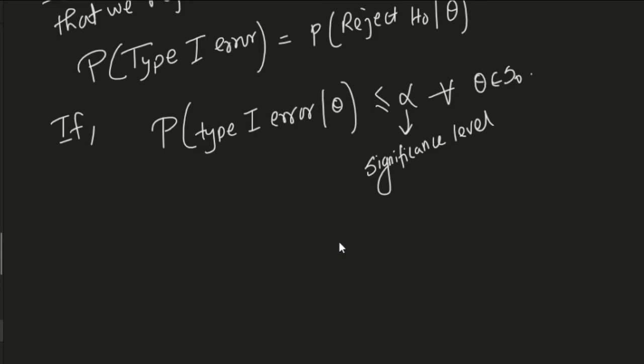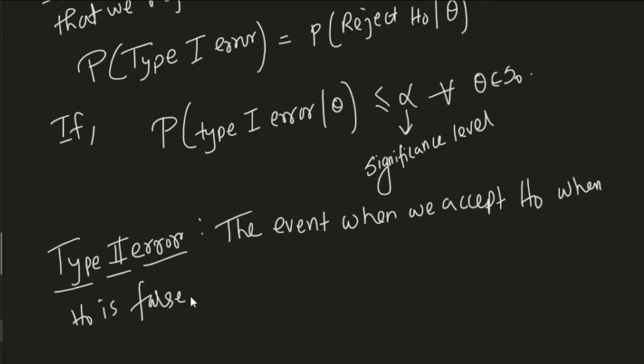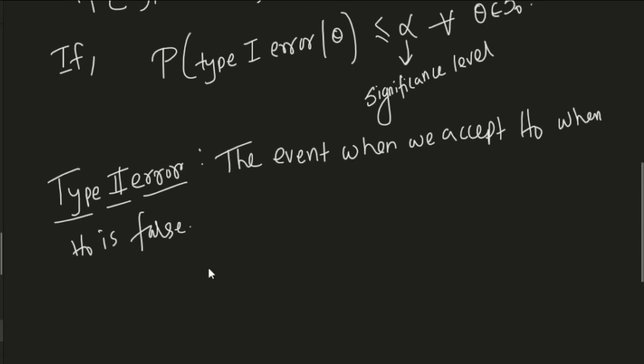Similarly, there is a type 2 error. This is called type 2 error, and it means that we are going to accept h naught when in reality h naught is not true, which is h naught is false.